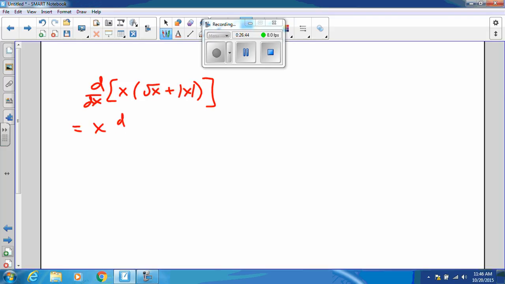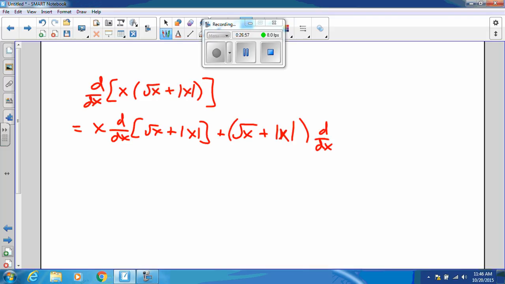If I do the calculus first, then I only have to do one product rule. And an added bonus: remember this derivative from yesterday?